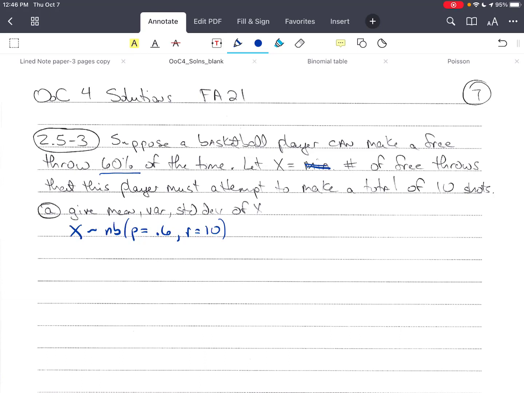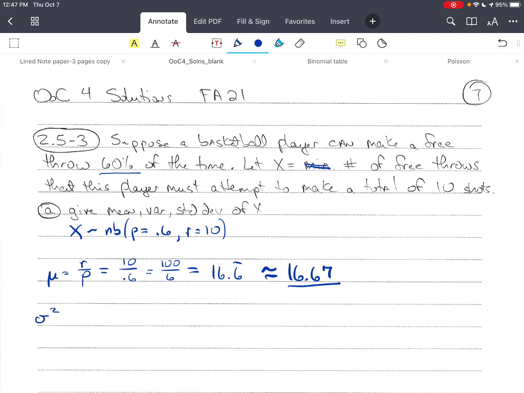So the mean, mu, is equal to r over p, which is 10 divided by 0.6, which could be rewritten as 100 over 6. And 100 divided by 6 is 16 2/3, or approximately 16.67. Okay, that would be fine.